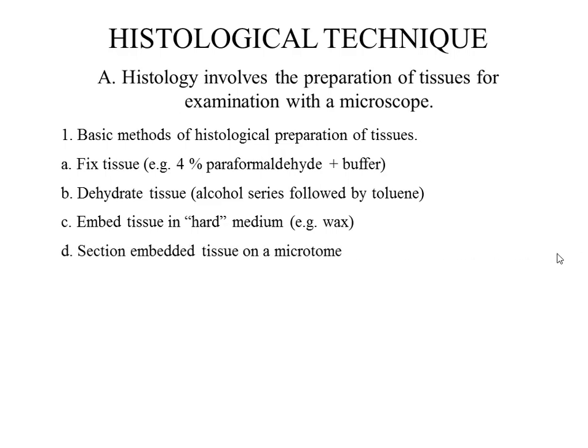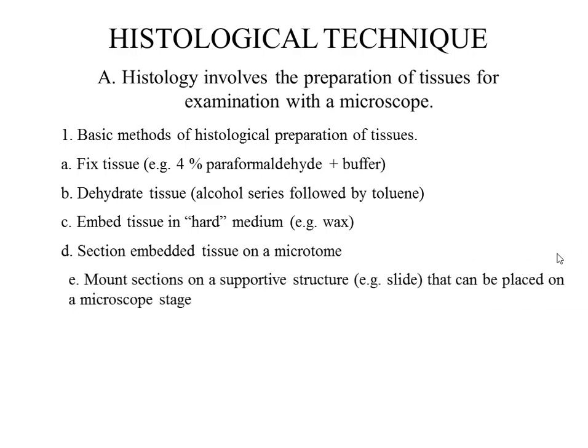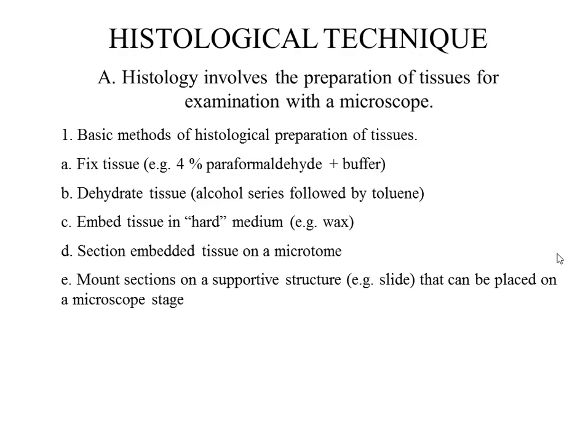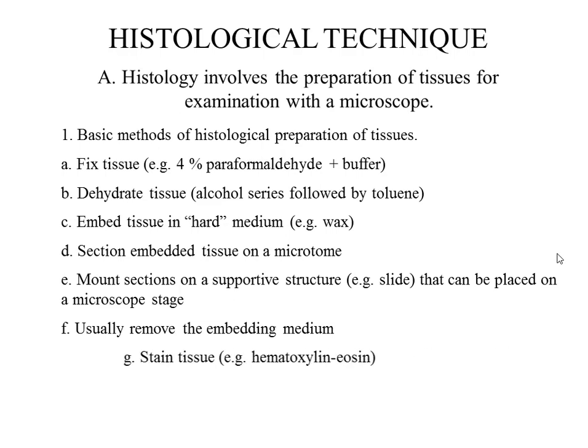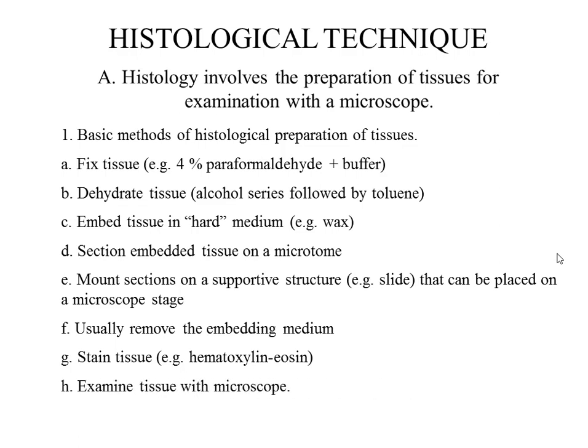Sectioning the embedded tissue on the microtome. Mounting the section on supportive structures, slides, that can be placed on a microscope stage. Usually removing the embedding medium. Staining, more often hematoxylin and eosin, maybe some other additional staining. And finally, examination of the tissue with a microscope.